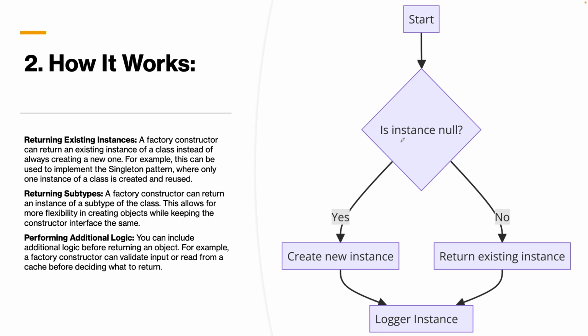If it's null, then it's going to create a new instance, and then it returns that instance. The Logger is the class name I used to create these flow charts, but think of it as my app. So if it's not null, then it returns the existing one. When the program is new, it will create a new instance because it's the first time it runs. But if it's running every time, then it's going to return the same existing one.